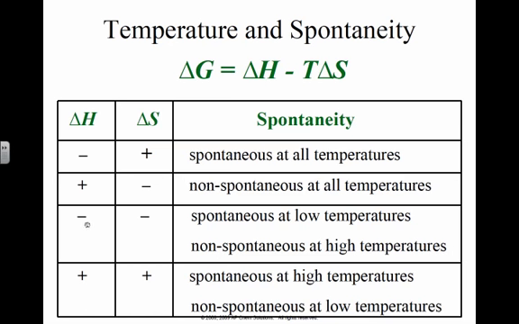If it's exothermic and it brings more order, it's going to be spontaneous at low temperatures, non-spontaneous at high temperatures. It depends on this value right here. If the reaction is endothermic and brings more disorder, then it's spontaneous at high temperatures and non-spontaneous at low temperatures. Basically, you're just plugging in signs right here and doing the math.